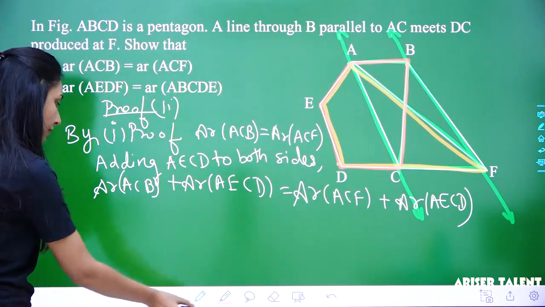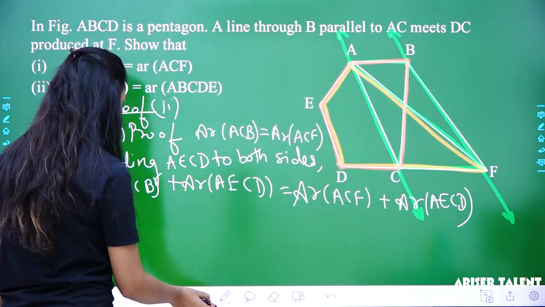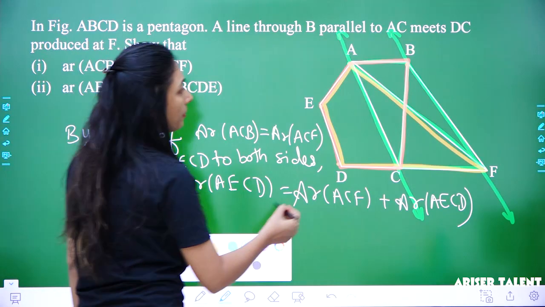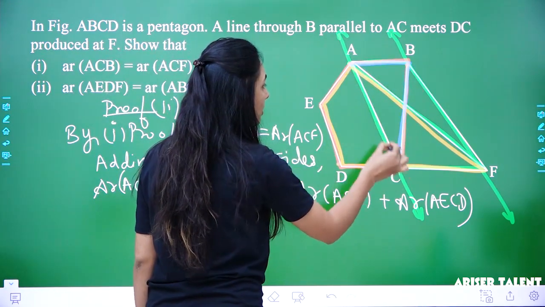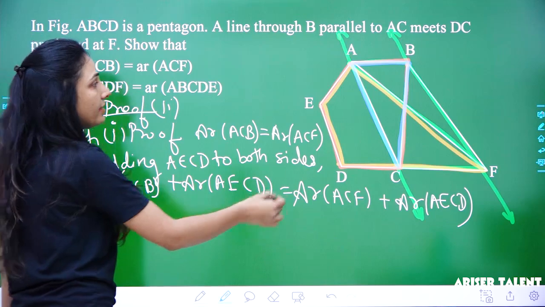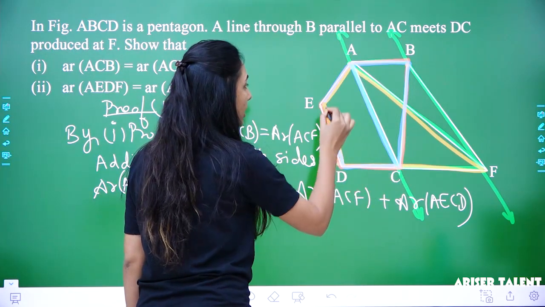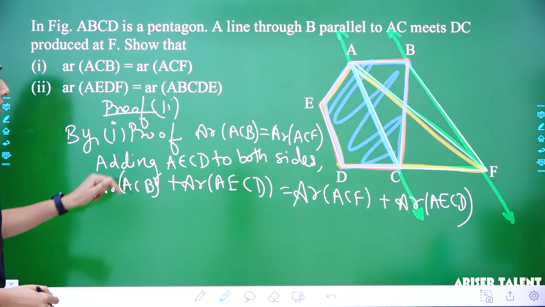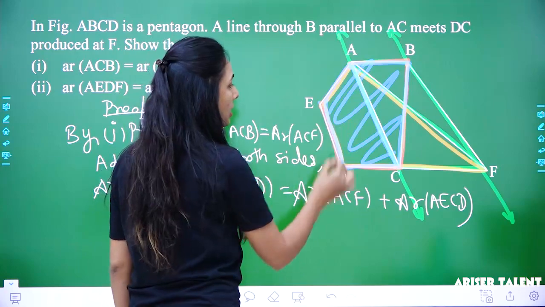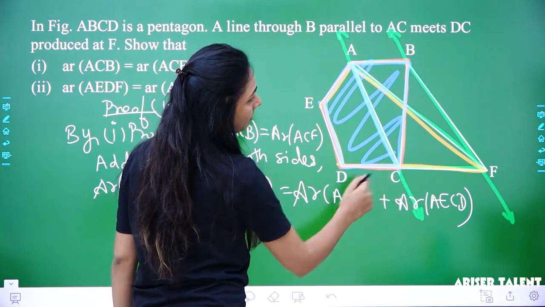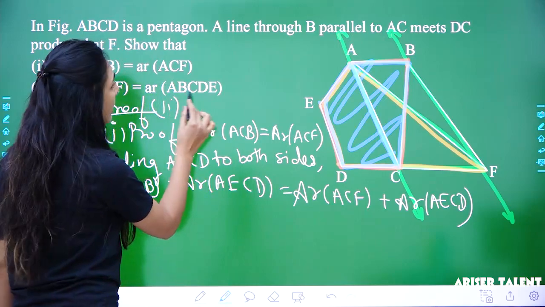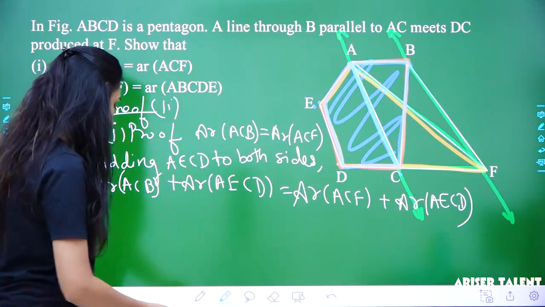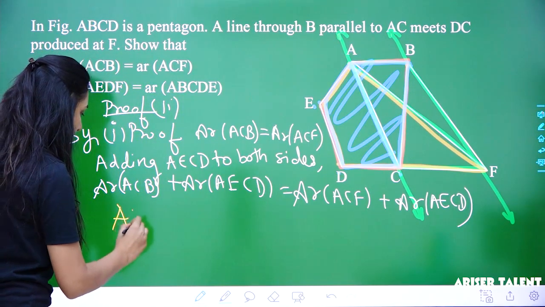Now look how these areas are going to work. This area ACB plus this area AECD, this complete area, is the area ABCDE. So can I write here area ABCDE?